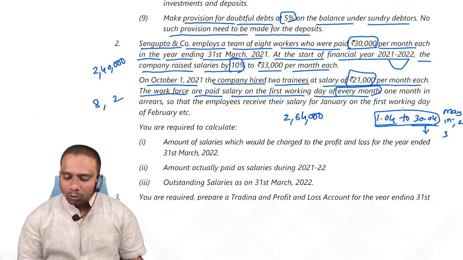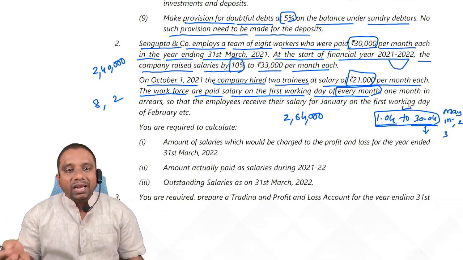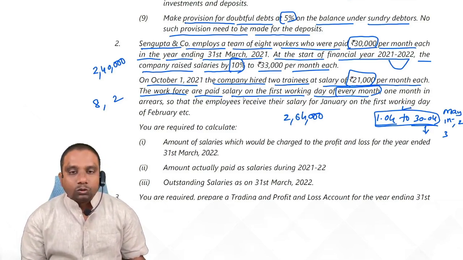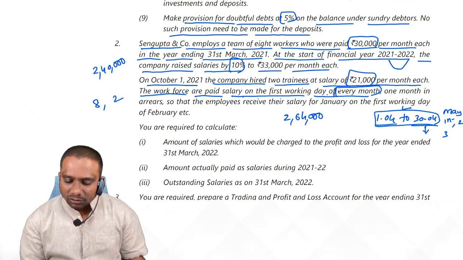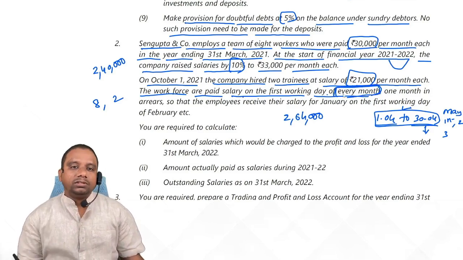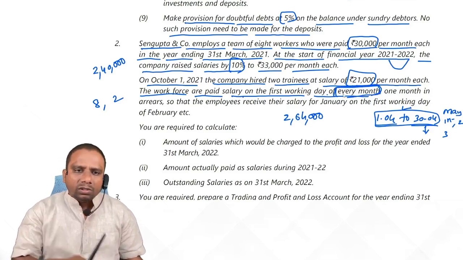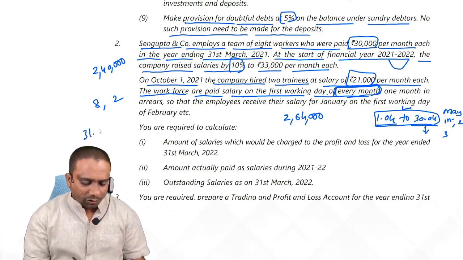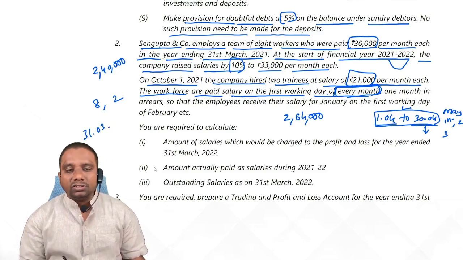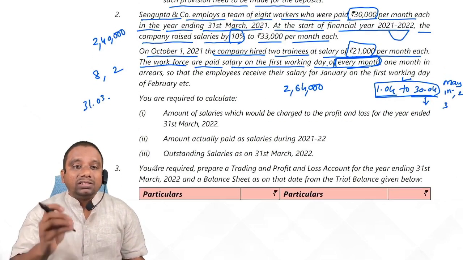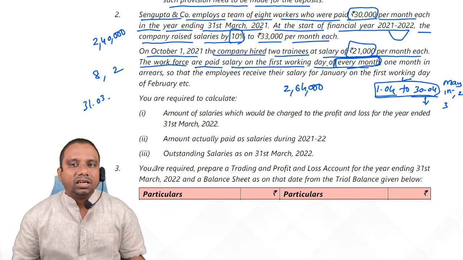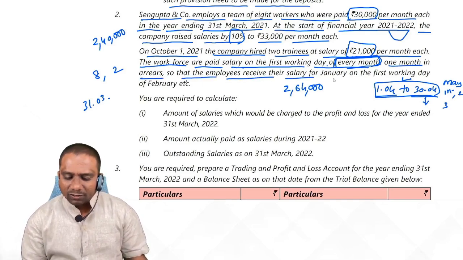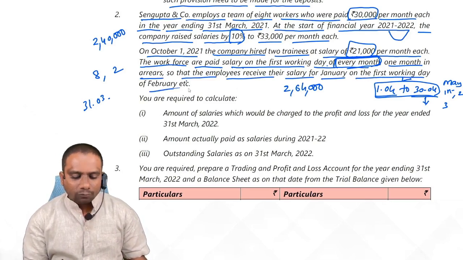So one month's salary is paid in the next month. In the same manner, here also they are paying on the first day of the next month. At the end of 31st March every year, 1 month's salaries are outstanding, so 1 month in arrears, so that the employees receive their salary for January on the first working day of February.